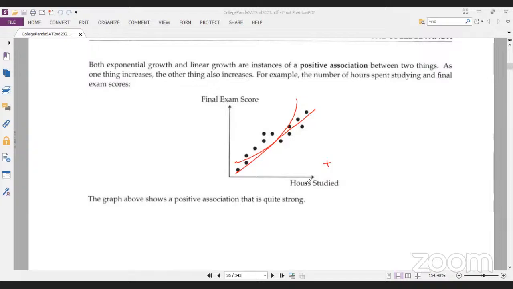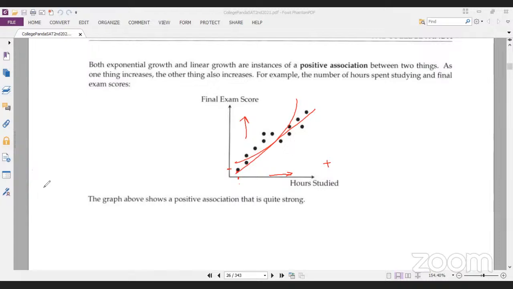Every increase in hours studied means the score should be higher. If someone studies very little, the final score should be very low as well. This is a positive relationship.